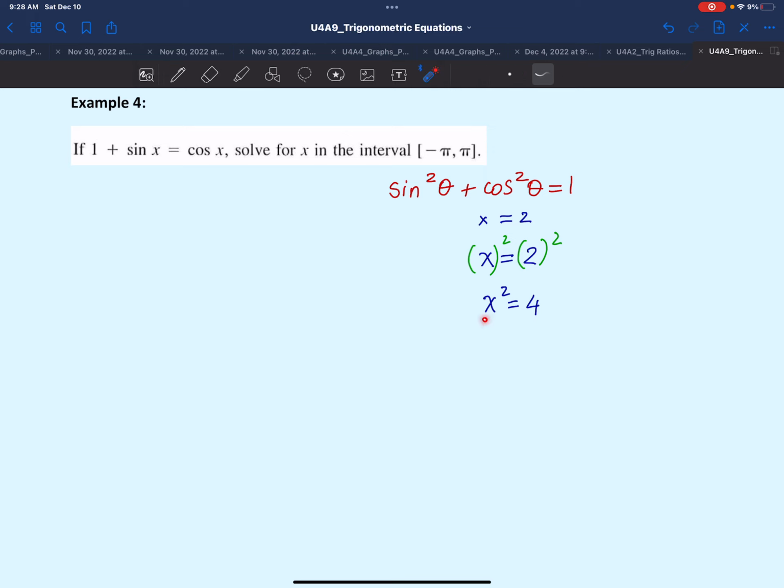Now, if we try to solve the new equation we created, we need to square root both sides of it. So if I square rooted both sides, the solutions would be x equals, wait a second, when we square root both sides of the equation, we have not just one but two solutions, so plus or minus 2. So the new equation we created by squaring both sides had not one but two solutions.